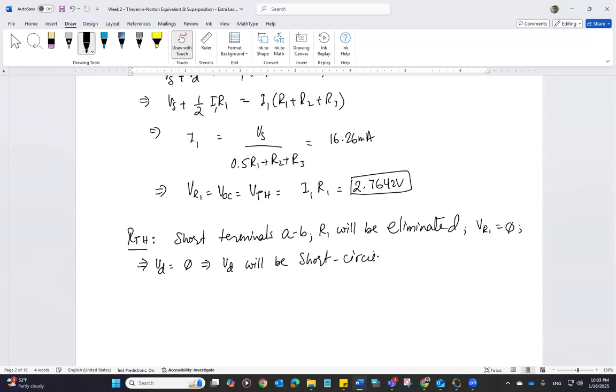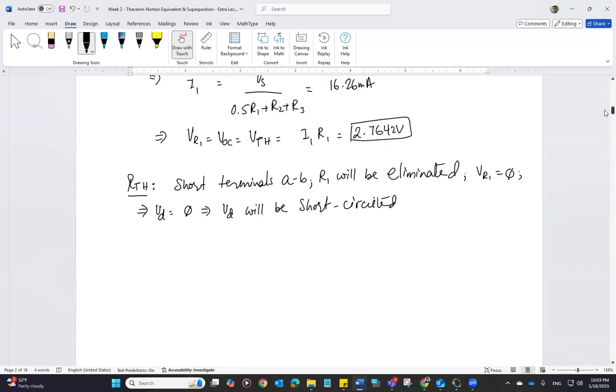Anytime the source voltage is 0, basically you can replace it by a short circuit. Or you can just keep it and just show that it has 0 volt. It's going to give you the same result.